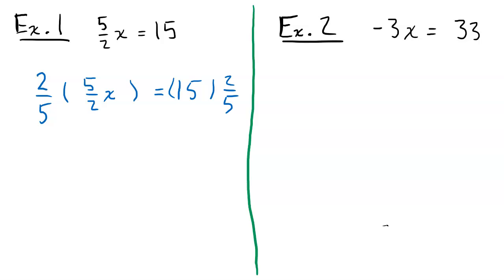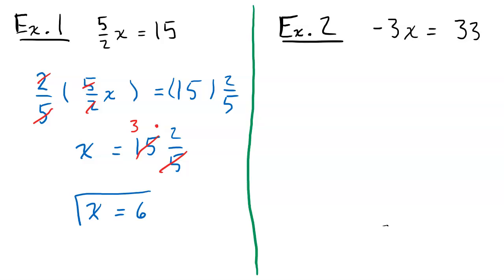Now we see that the 5 cancels out, the 2 cancels out, and we're left with x is equal to 15 times 2 over 5. Again, we can cancel things out. 15 divided by 5 is 3, and 3 times 2 is 6. So our solution to this is x is equal to 6.